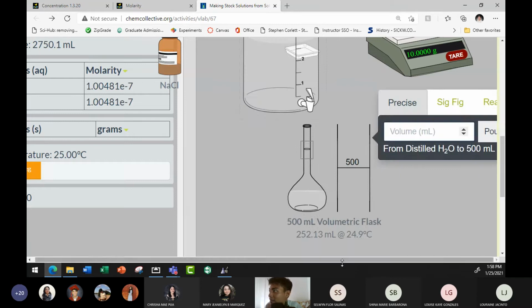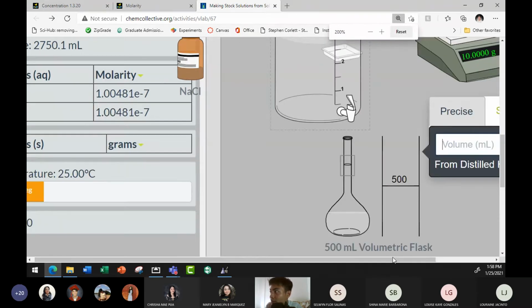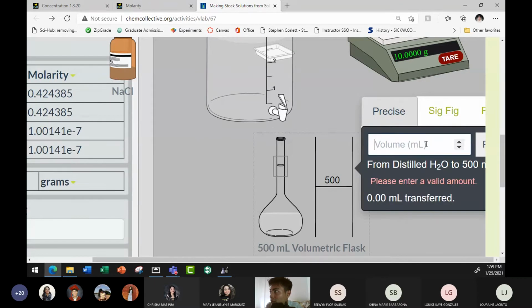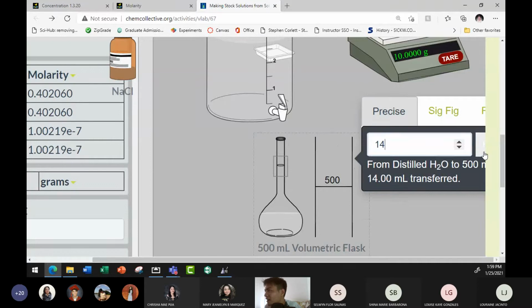Okay? Then, ano gagawin natin? We will fill it up to the mark. Magfi-fill tayo up to mark. Buhos-buhos lang tayo. Hindi ko alam kung anong water level na natin. Basta buhos nyo na lang yan.